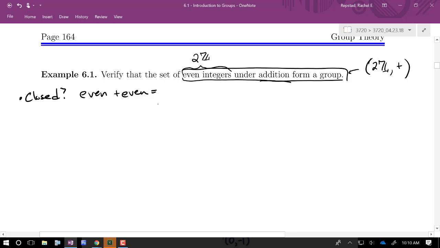Even. Yeah, an even plus an even is another even. If I wanted to write this out more rigorously, I would write 2m plus 2n, which is 2 times m plus n, using algebra to rewrite this. And this is, of course, in the set of even integers. So if I take two evens, I get another even, and that means that the group is closed.